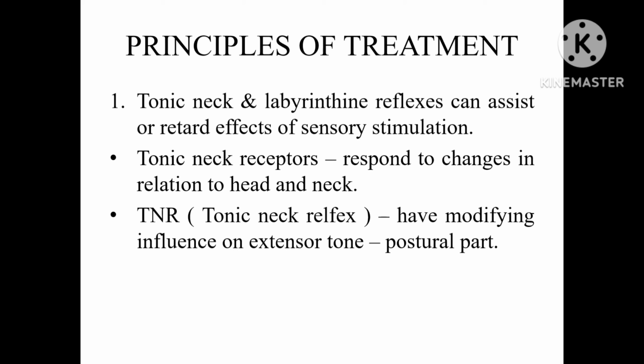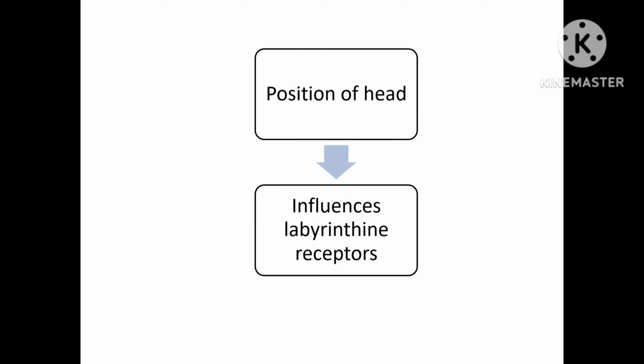The position of head, as we all know, is identified by the labyrinthine reflexes in the vestibular centers. These vestibular centers will give the flexor and extensor muscles a particular contraction and relaxation, and based on that the motor output will depend.